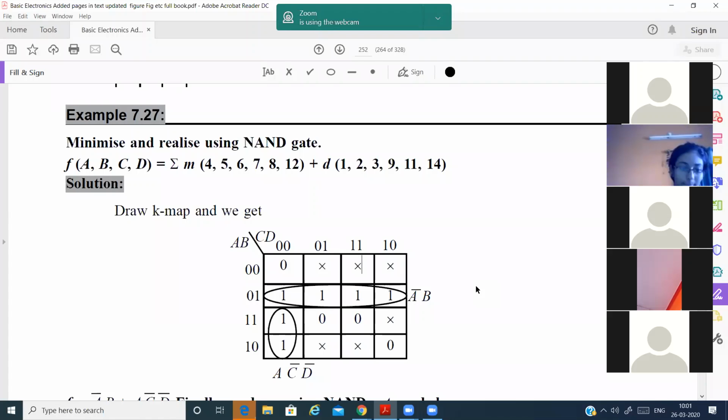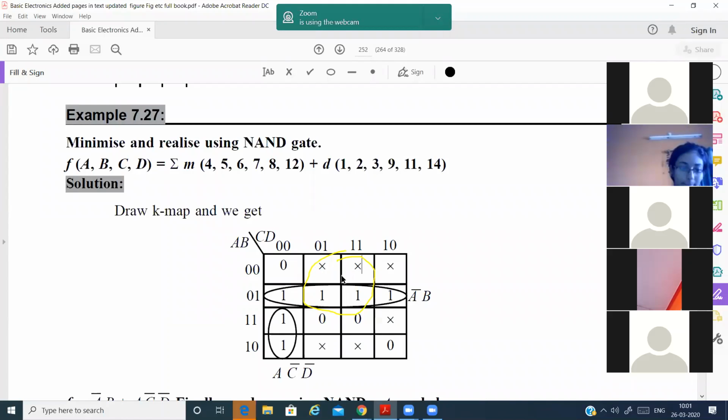We are studying 0, 1, 1, 1, we can make a group, no? Four don't care, 1, 1, the above one. Yes, these four you can group.